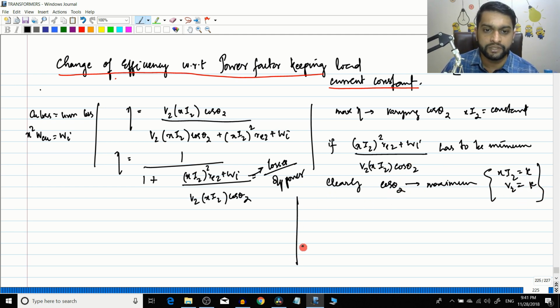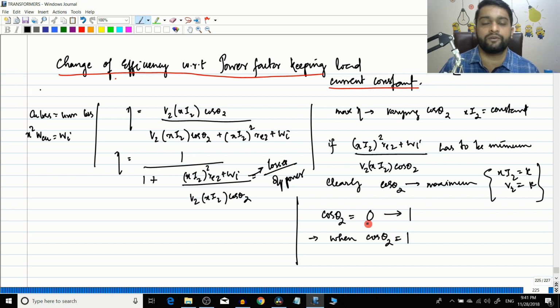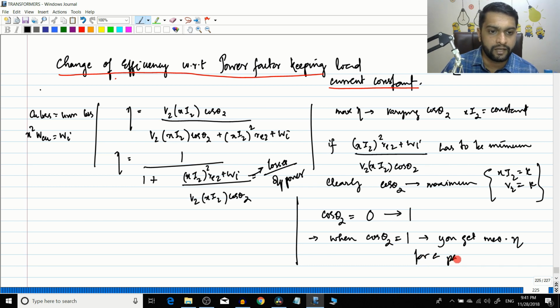Cos theta 2 is the load power factor, and power factor can change only from 0 to 1. That means cos theta 2 is at its maximum value when it is equal to 1. When cos theta 2 is equal to 1, you get maximum efficiency for a particular xI2. xI2 is constant; you are keeping some load current value.